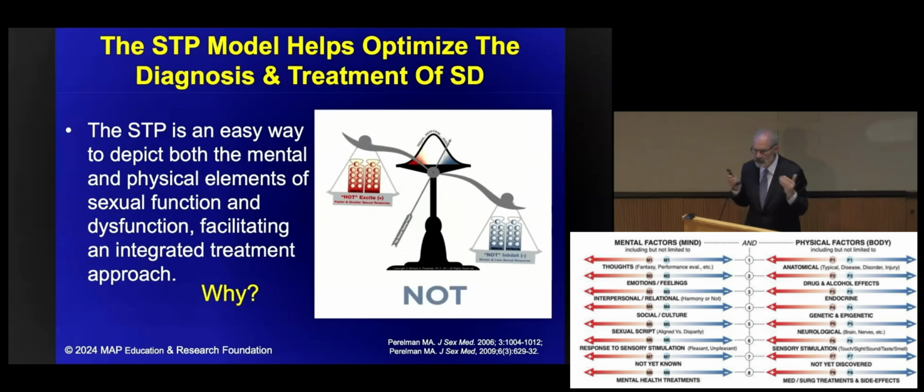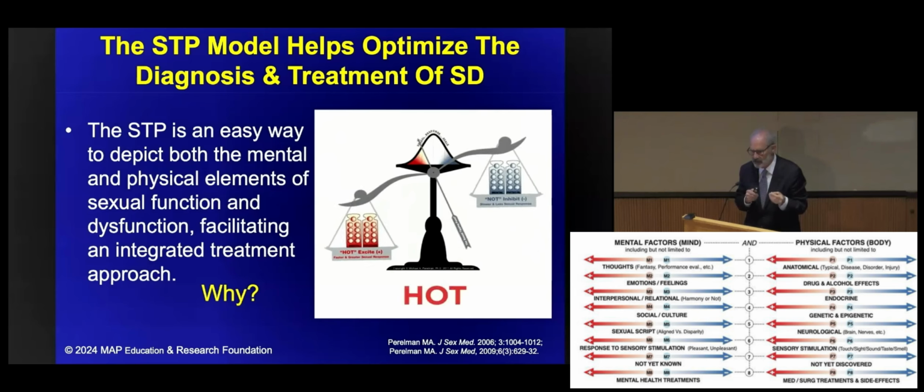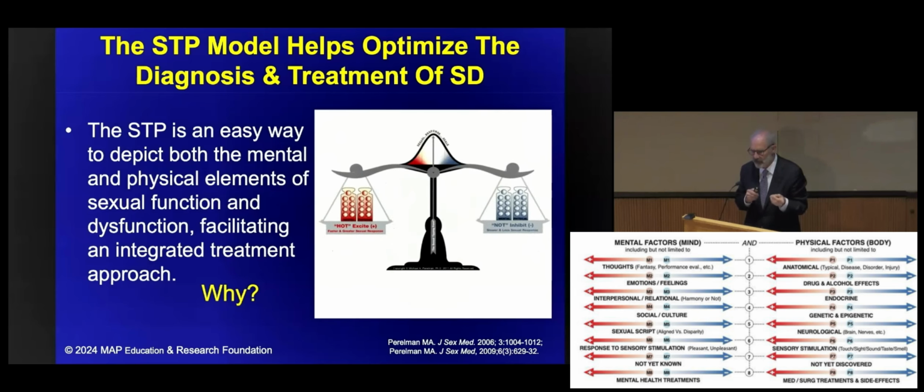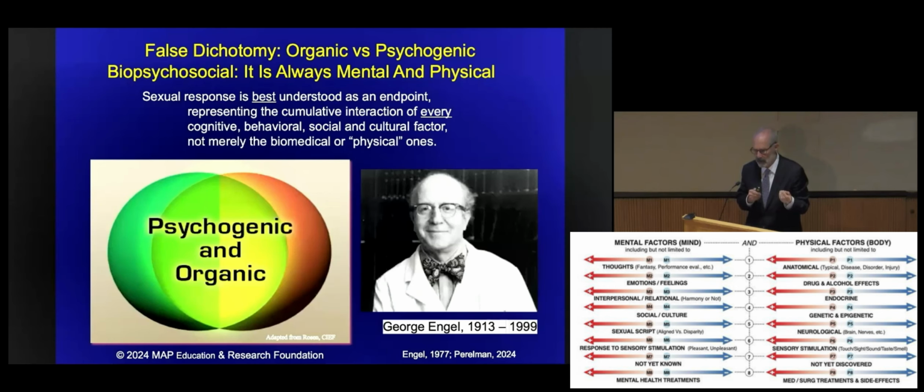The STP is an easy way to depict both the mental and physical elements of sexual function and dysfunction that facilitate an integrated treatment approach. Now, why? Because sexual response is an endpoint representing the sum of every thought, behavior, emotion, culture, not just biology.